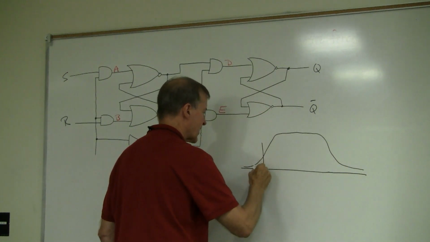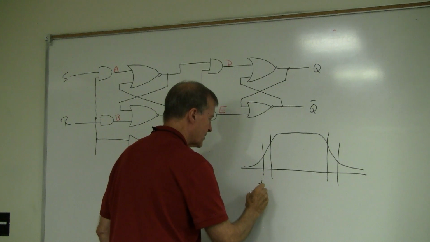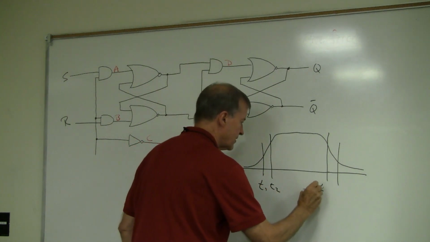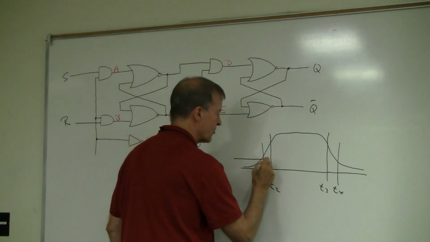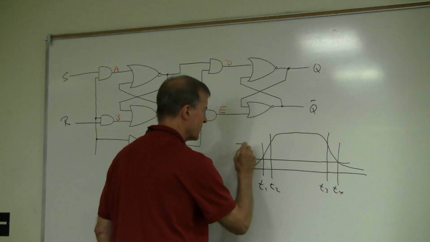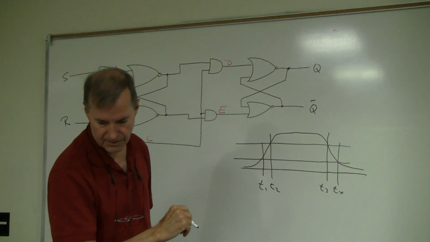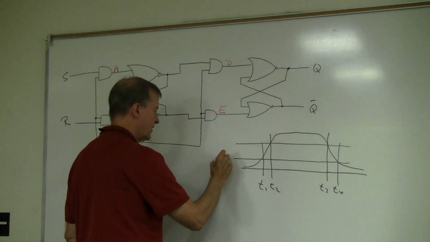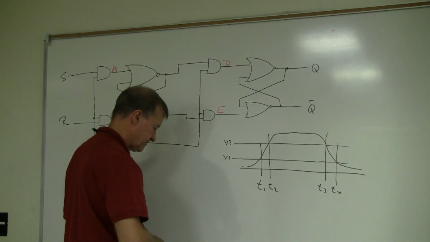And so those 4 times are these times right here. So here's T1, T2, T3, and T4. And you remember these correspond to these voltage thresholds. This is threshold V1, and this is threshold V2. All right?